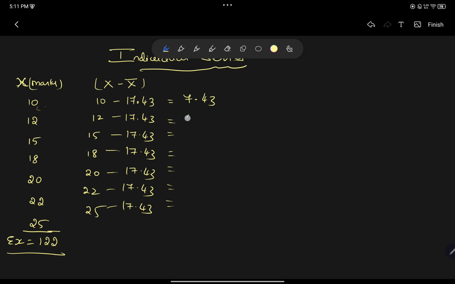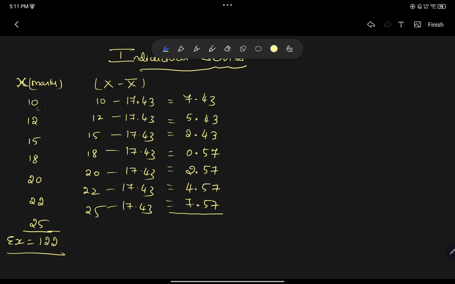12 minus 17.43 is 5.43. 15 minus 17.43 is 2.43. Like that you need to calculate using the calculator. Pause the video and just calculate by yourself. Don't wait for me to write the answer. This is what we got, x minus x bar.